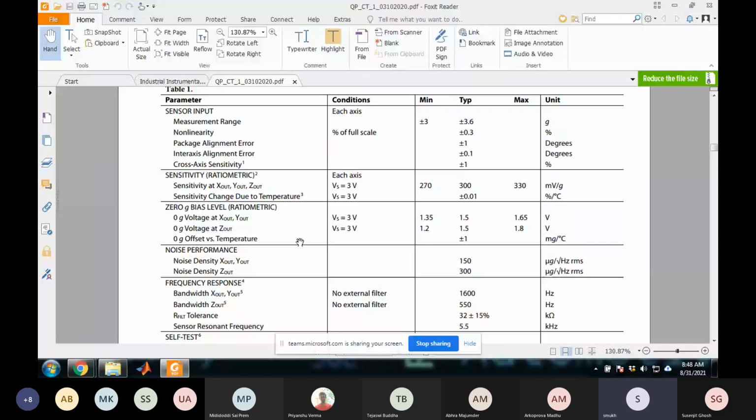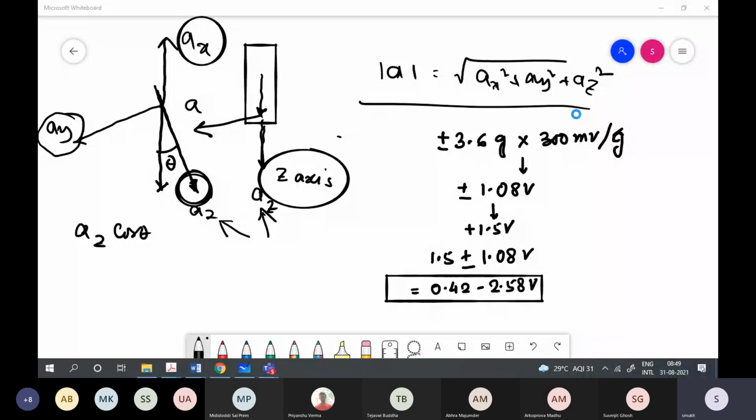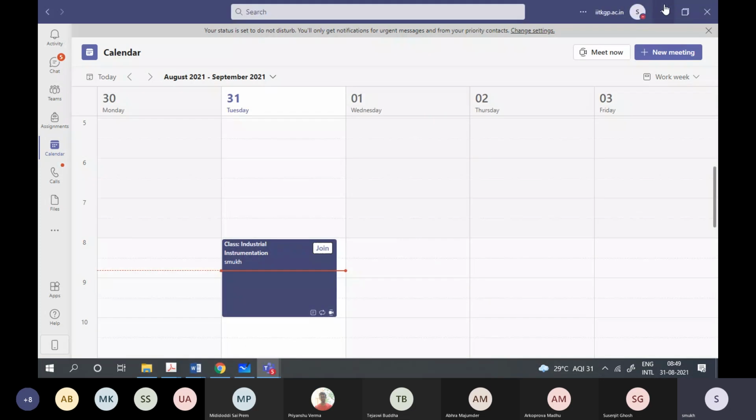Impossible. I think there has to be something. So that is also simple. That's not so difficult. Where is Shushanjit's screen?